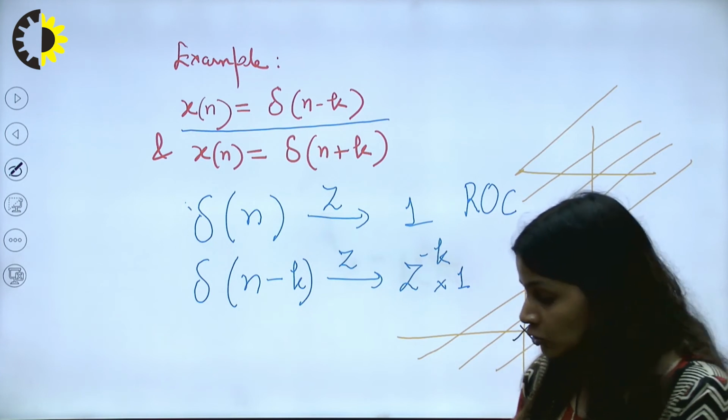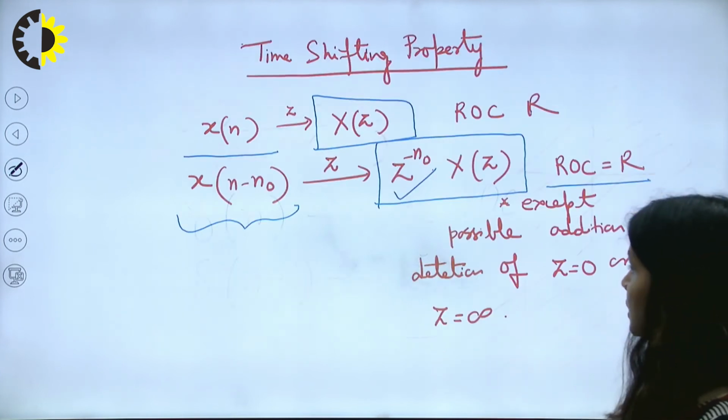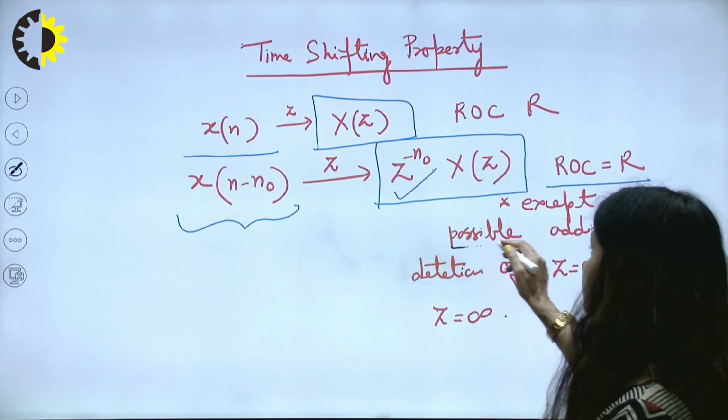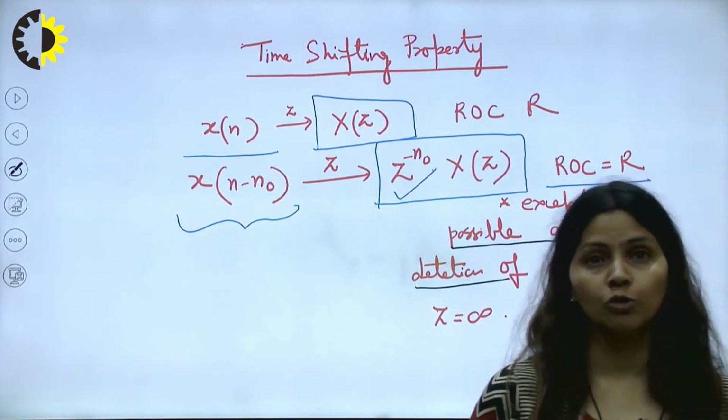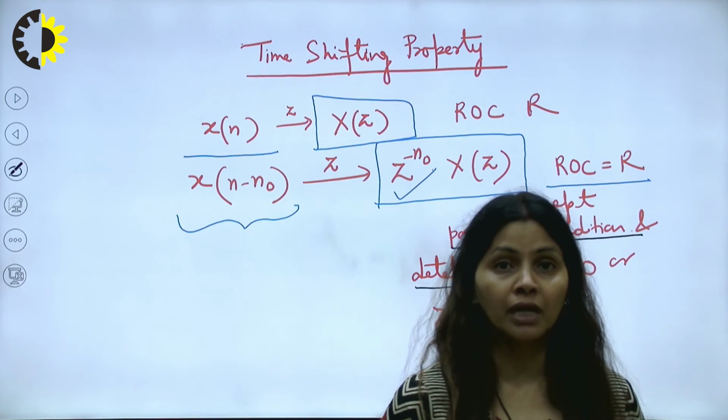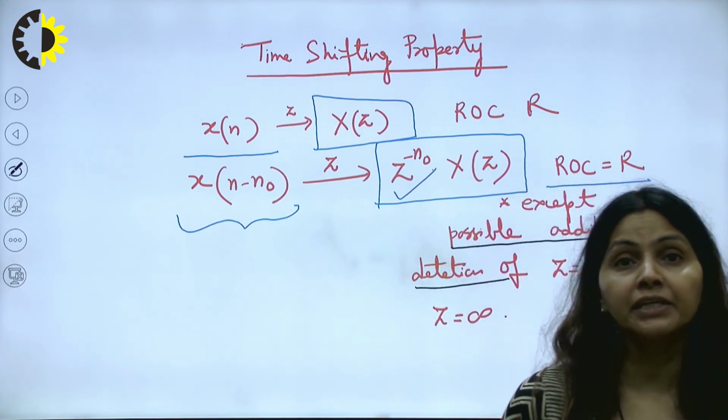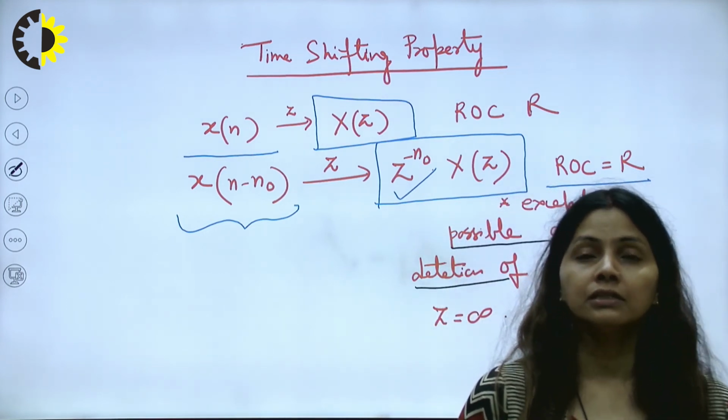So that's why some addition or deletion of z equal to 0 and z equal to infinity may occur while we are applying the time shifting property of the Z transform.